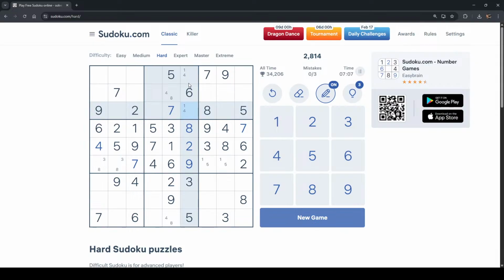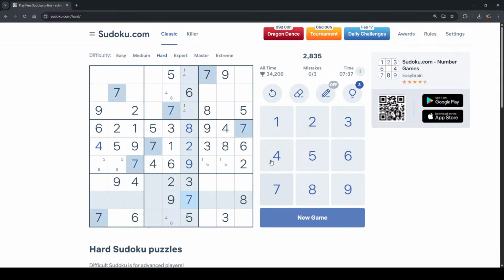So 1 and 4, 1 and 4. And what about this one? 1, 4 and 7. So this can have either 1, 4 or 7, isn't it? Because neither 4 nor 7 is there. But we already have seen that 1 and 4 can be in any of these two columns, but for sure if there is 1 then there is 4. So in this one actually we cannot have 1 or 4. That means only 7 is left as the possible candidate. So we can say it's 7 for sure.